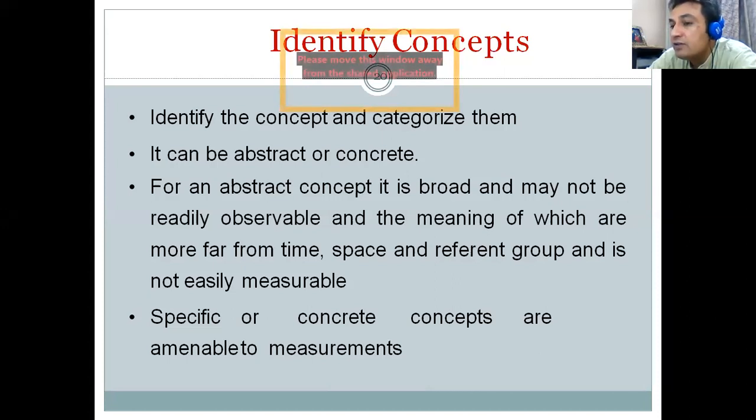Even if your concept is abstract, you have to make that abstract into concrete. Let's say I have to check what the liking towards a particular color is. I cannot measure that directly, but I will develop a scale, on a Likert scale or something else, and then finally I will say that these are the factors behind it.